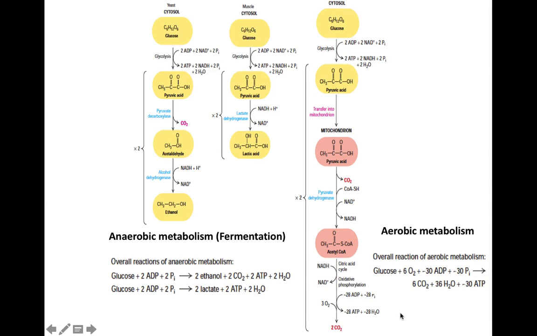So 2 molecules in glycolysis, 2 molecules in citric acid cycle, and 28, or let's say 30, molecules from oxidative phosphorylation. So in total 34 molecules, but about 4 of them are utilized, and we are left with 29 or 30 ATP molecules. So that's the approximate numbers.